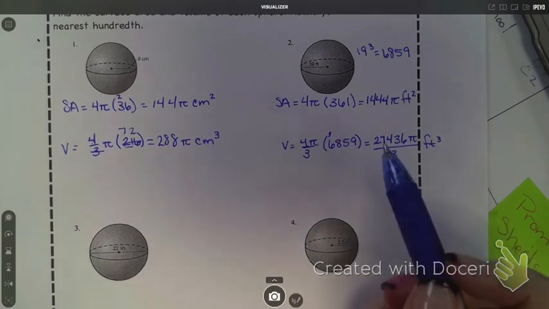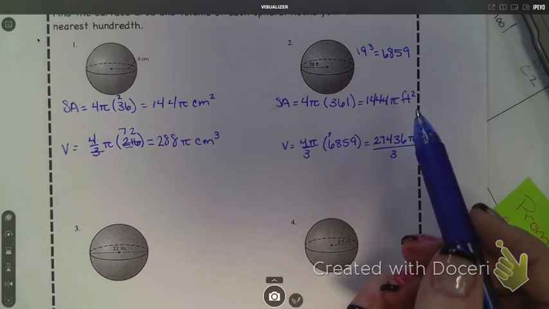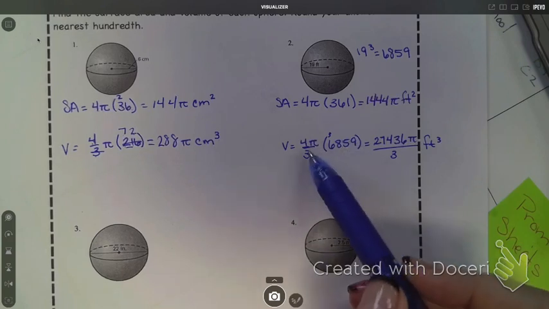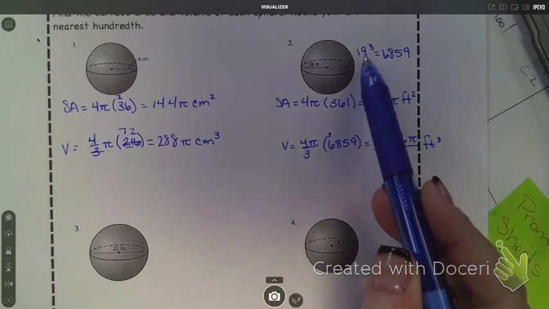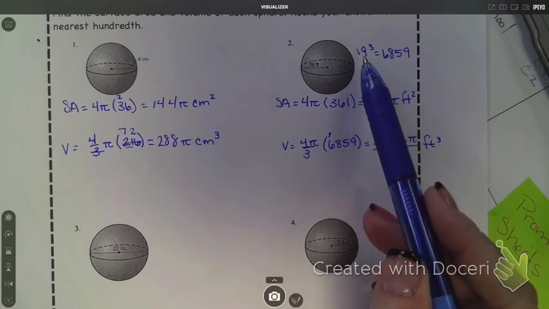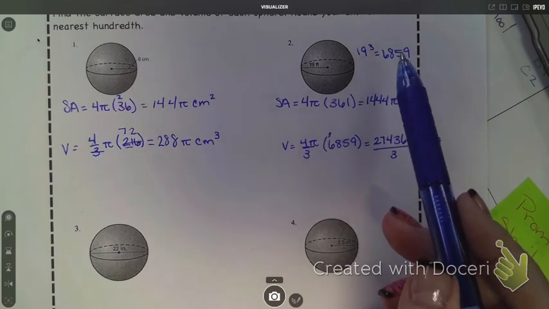Okay, so did you get 1,444 pi feet squared? Yeah. Okay. Now, when you have 6,859 times 4, 19 is a prime number, yes? So when you cube it, you're probably still going to get a what? Well, other than 19, right? 1.